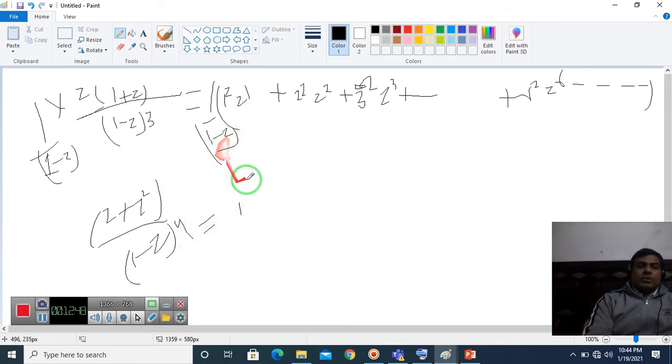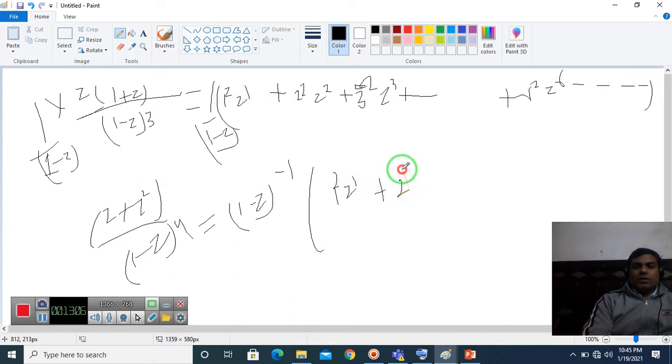Now we should take the expansion of this series, 1 minus z to the power minus 1. First I am writing like this, 1 minus z to the power minus 1, and the remaining term remains the same: 1 square z to the power 1, 2 square z to the power 2, 3 square z to the power 3, r square z to the power r.